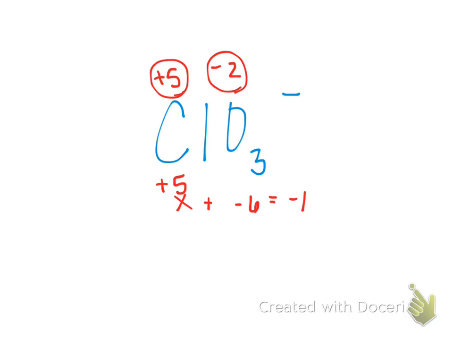Not great yet? Okay, let's try a couple more. Let's try this one. P4O10, which is called tetraphosphorus decoxide.